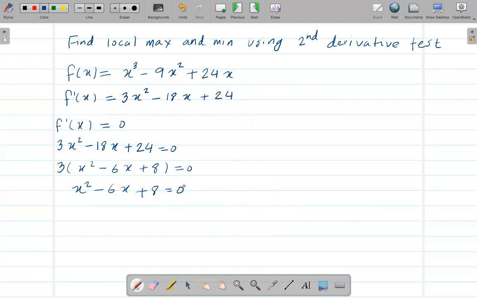Now from here we get 8, so I can say 4 and 2, because we have 6 in the middle. So that means x minus 4 and x minus 2. Minus 4 minus 2 will make minus 6. So that means here we get x equals positive 4 and x equals positive 2.